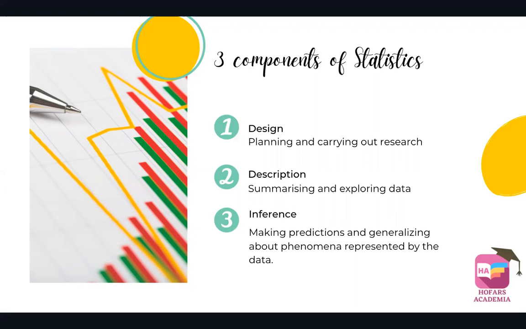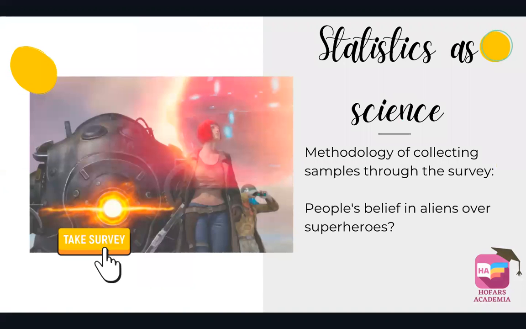Inference means making predictions and generalizing about the phenomena represented by the data. Okay, so statistics is the science of studying or dealing with uncertain phenomena or events. It is more of the methodology of collecting samples or data through surveys.